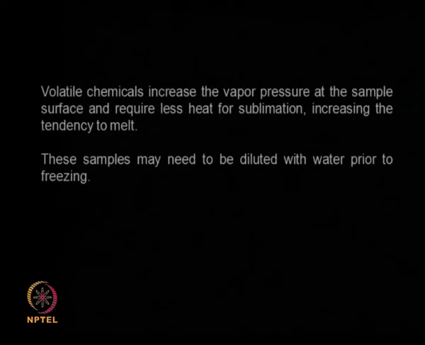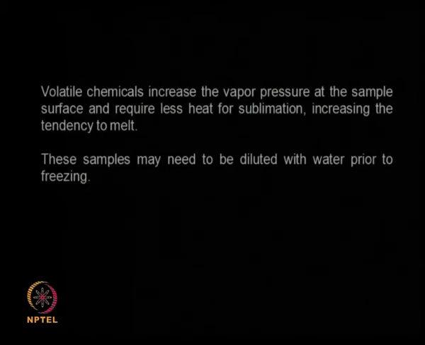So if you have volatile chemicals present, then obviously it is going to increase the vapor pressure at the sample surface, so we need to have a lower heat of sublimation. So the material is going to melt, it is not going to form a frozen solid.